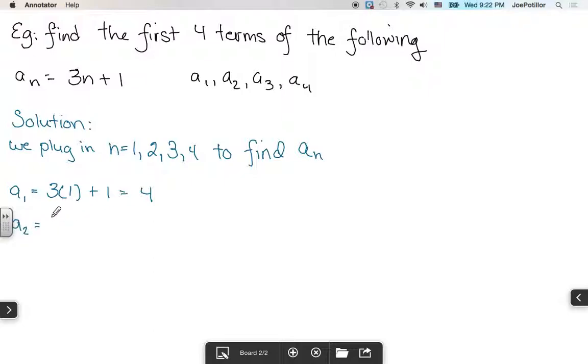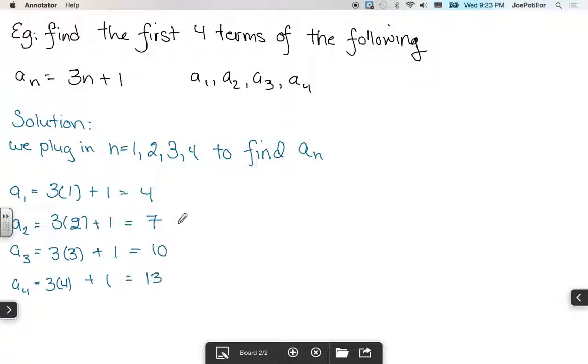A2 is equal to 3 times 2 plus 1, which is of course 7. A sub 3 is equal to 3 times 3 plus 1, which is of course 10. And lastly, A4 is equal to 3 times 4 plus 1, which is of course 13.